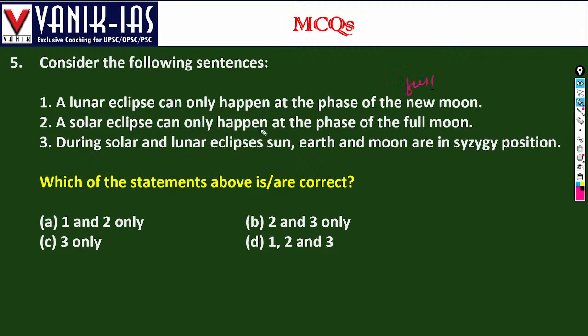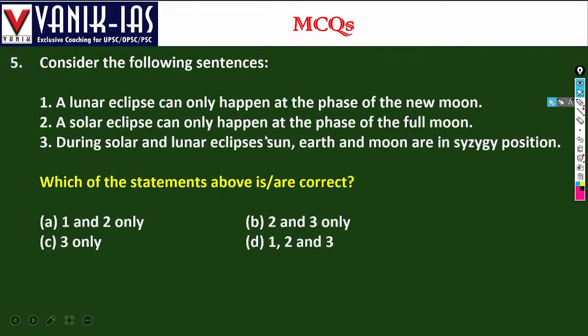Solar eclipse can only happen at the phase of the full moon. It is on the new moon. Fine. So 1 and 2 are incorrect. During the solar or lunar eclipse, sun, earth and the moon are in a syzygy position. That's right. That means only 3 is correct. So option is C. Then going to the next question.